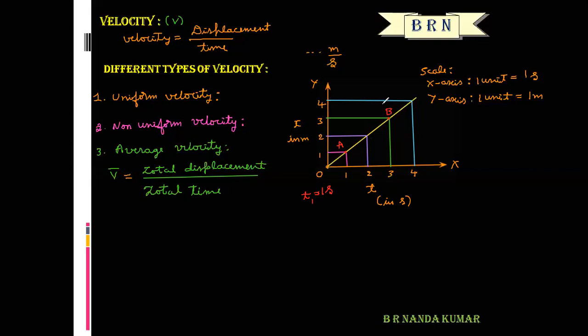So the corresponding displacement is the initial displacement. Let us consider it is x1 is equal to 1 meter. Okay, so the point B corresponding time is the final time, is it not?